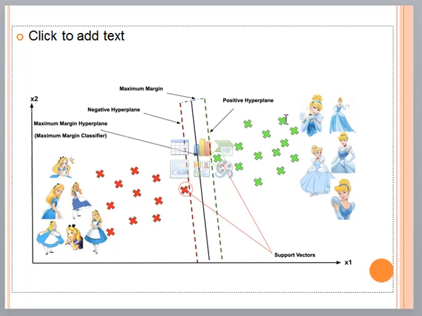If I remove these 2 points from here, you will see that there will be no effect on this hyperplane. But on the other hand, if I remove this point from here and this point from here, you will see that my decision boundary will move right or left, because then the new support vector might become this one or this one, and the position of my decision boundary will change accordingly.